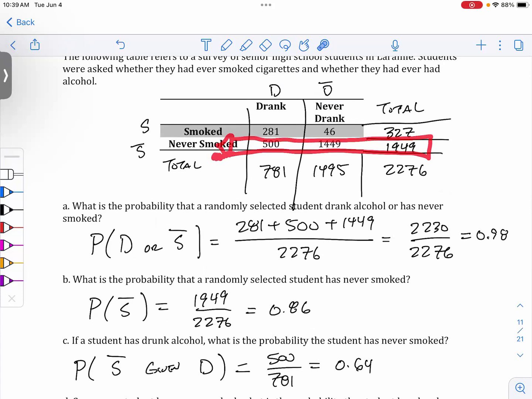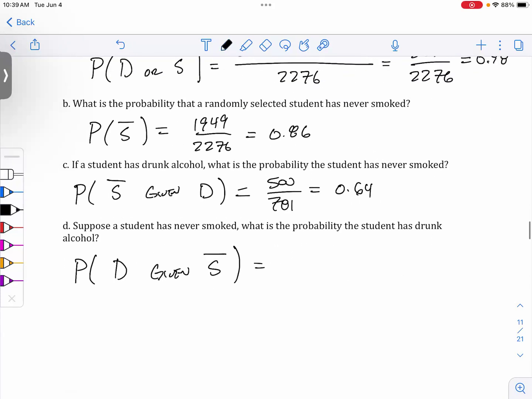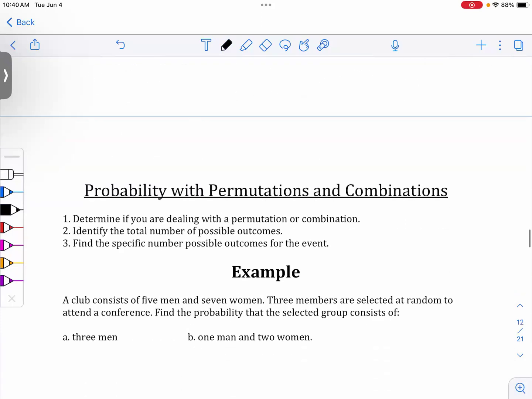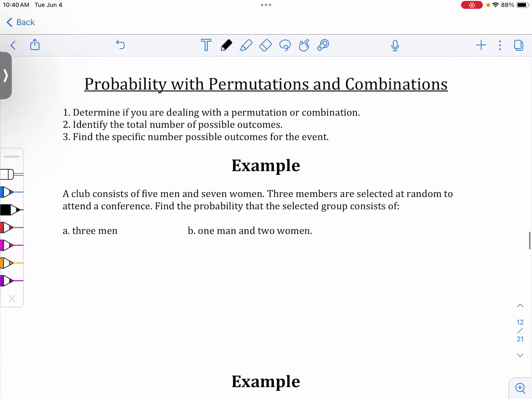So there were 1,949 people. 500 of those did drink, sorry. Which gives us 26%. And again, just over and over, the best thing to do, just keep practicing reading the problems.